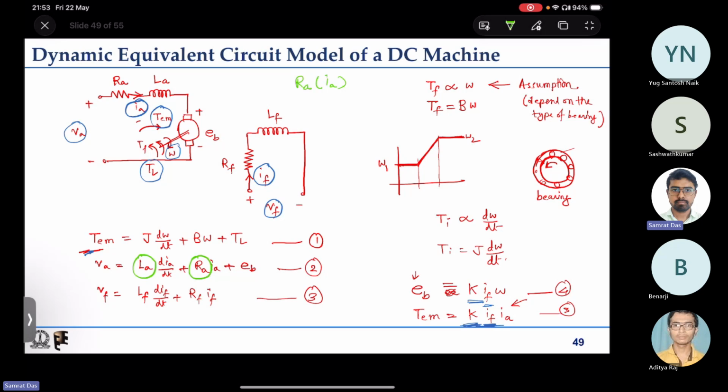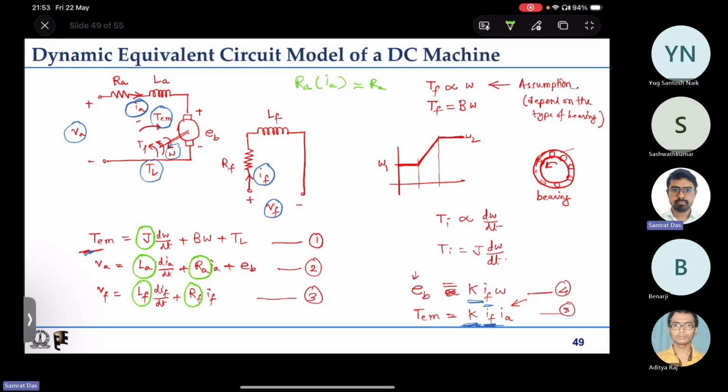So we will also see the implications of that. And because it is largely constant, it can be approximated to be a constant quantity. Along with that, similarly for the field winding, we have the field winding inductance and field winding resistance as the two parameters for the field winding.